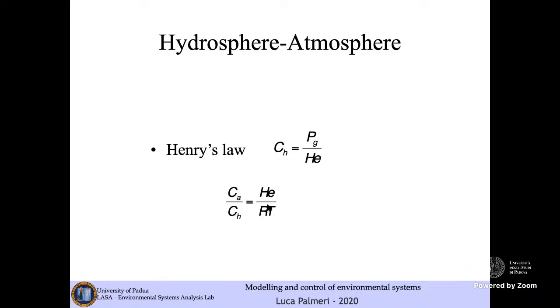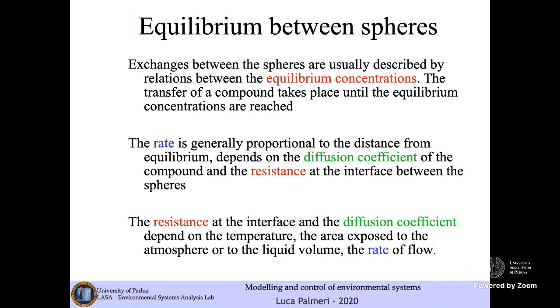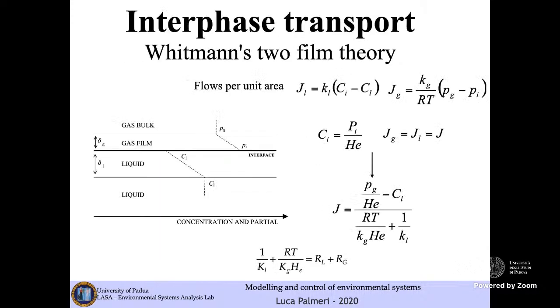But I recall you, we said that the diffusion coefficient depends strongly on the temperature. But the diffusion coefficient depends also strongly on the area of the interface between the two spheres.